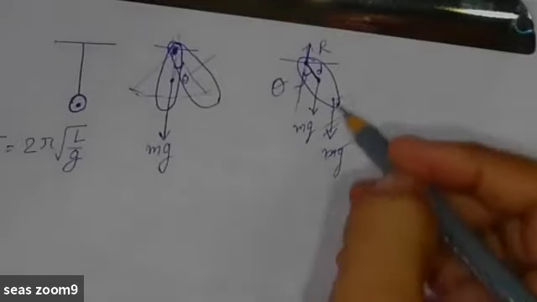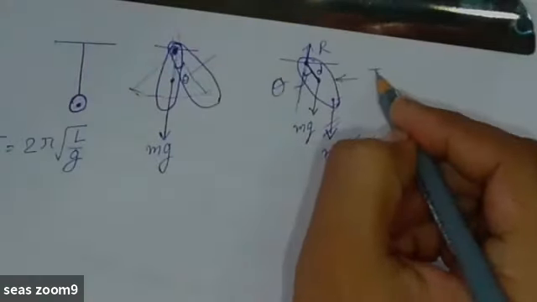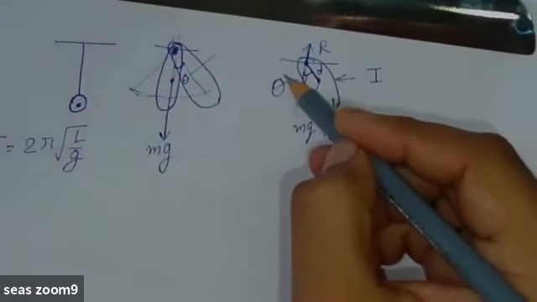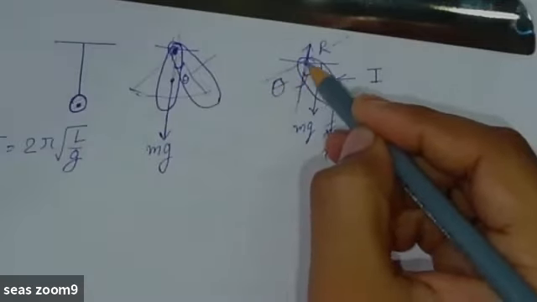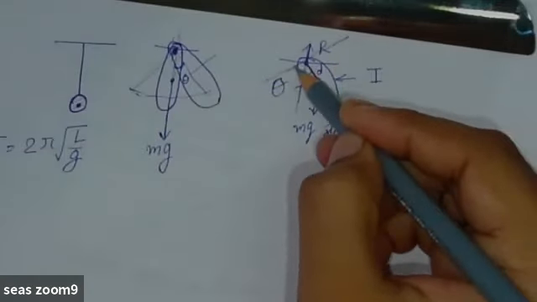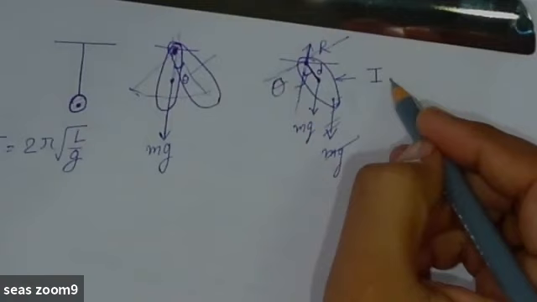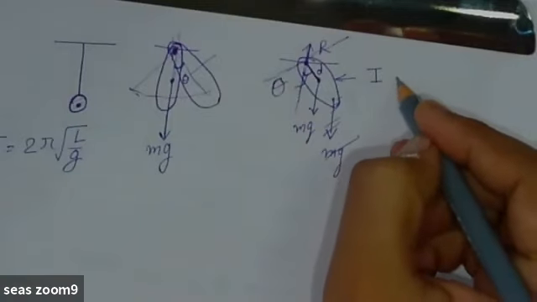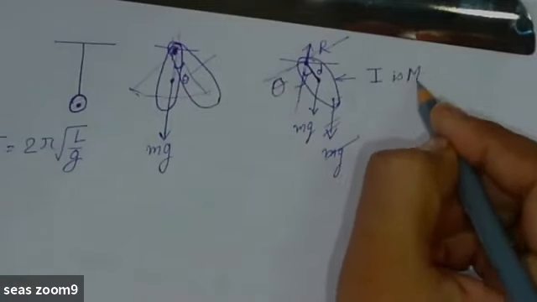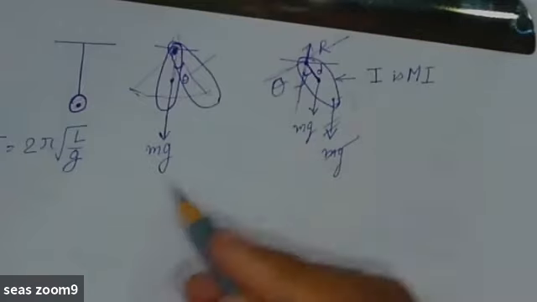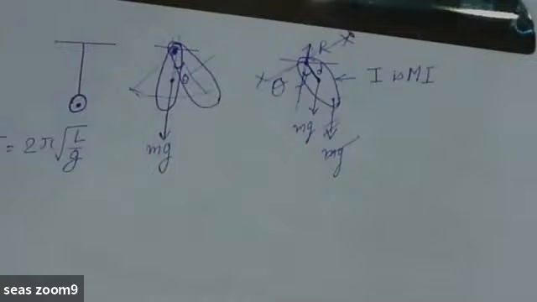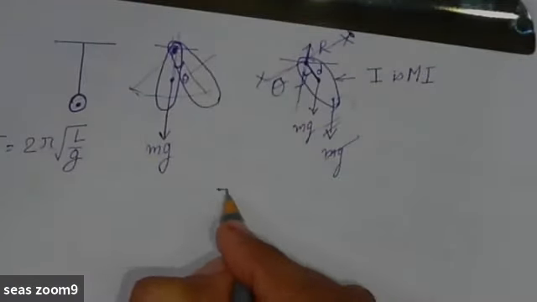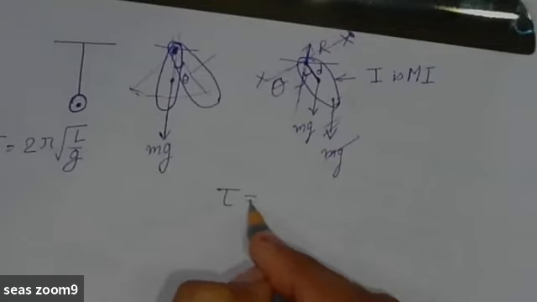If I is the moment of inertia of this body about this axis about which it is oscillating, let's say xx dash, then we can simply write the torque which is being generated here.